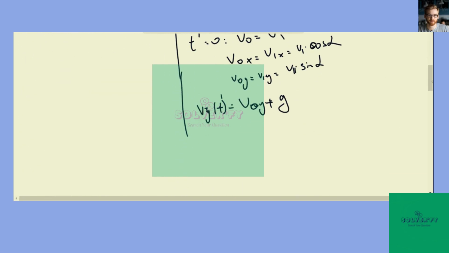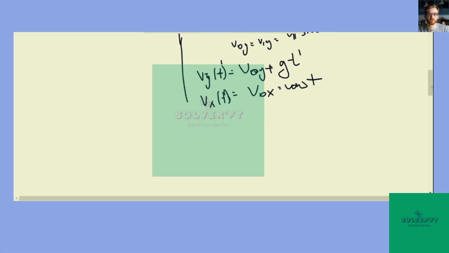So the vertical acceleration is g. And vx as a function of t prime equals v0x, and that's constant. So now we have to calculate the time t prime needed to cover the height h0, so basically to reach the ground.